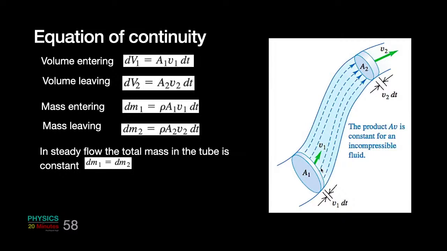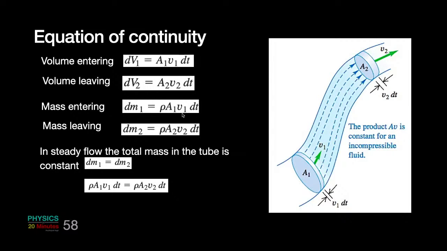Now you can see this will violate our assumption that the liquid is incompressible and the density remains the same. So remember, that is a very important assumption, because otherwise things will break down. That density remains constant. So if density remains constant, then in a steady flow the total mass in the tube is constant. That means the amount of mass entering the tube, dm1, has to be equal to the amount of mass leaving the tube, that is dm2.